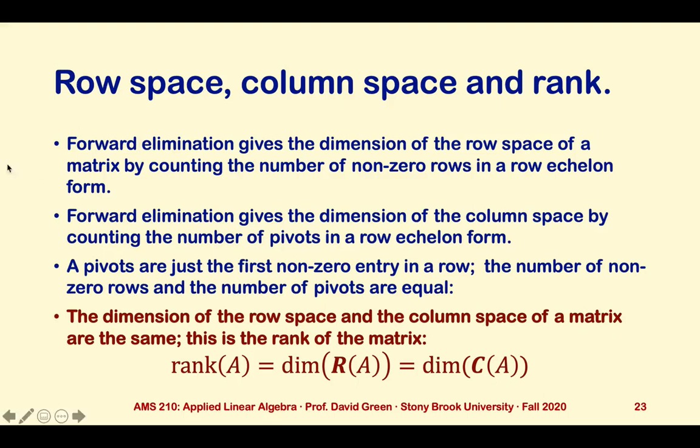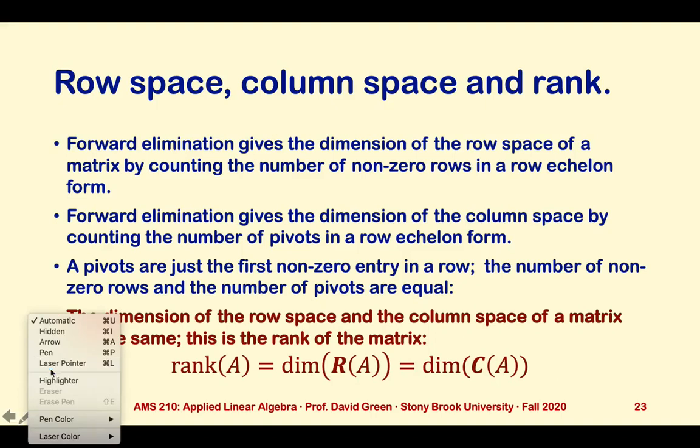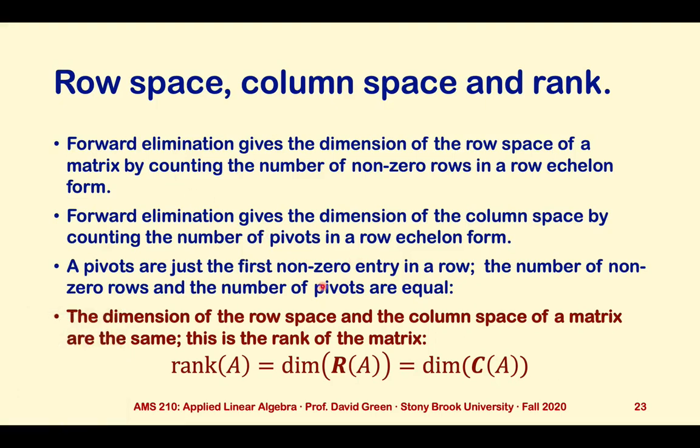Let's review a little bit about what we have already seen. We've discussed the idea of the row space and how forward elimination gives the dimension of the row space and a basis for it by counting the number of non-zero rows in a row echelon form.